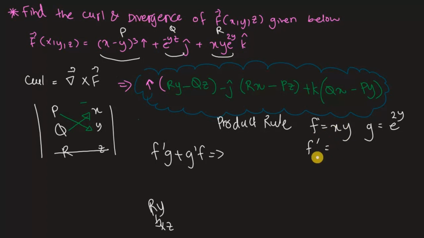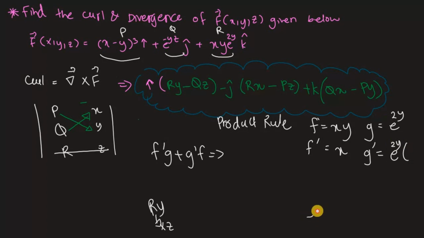So first, finding f prime: taking the derivative and remembering that we are differentiating with respect to y, so we differentiate y only. X is a constant, stays over there. The derivative of y is simply 1. And now differentiating g with respect to y. The derivative of e to the 2y is e to the 2y, and then times the derivative of the inside function, this is the chain rule.